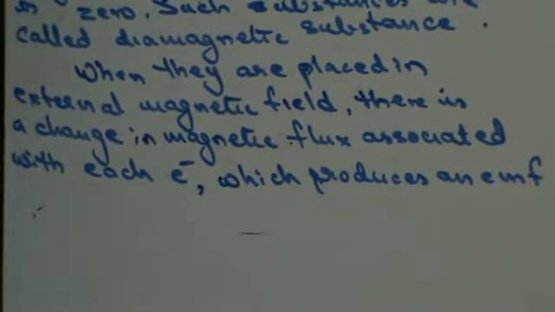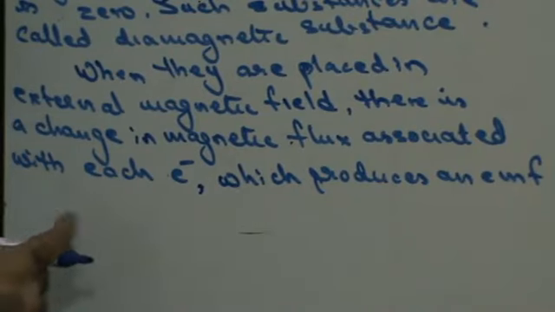Now, due to this EMF, some electrons circulating in one direction are accelerated and some circulating in the opposite direction are retarded. Right? Due to this EMF, an EMF is going to be produced in the substance.